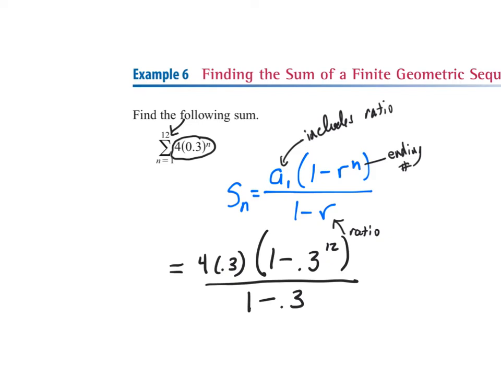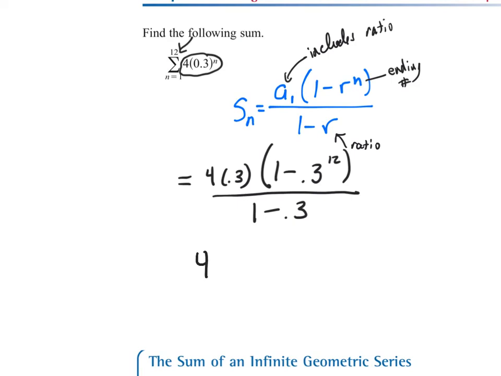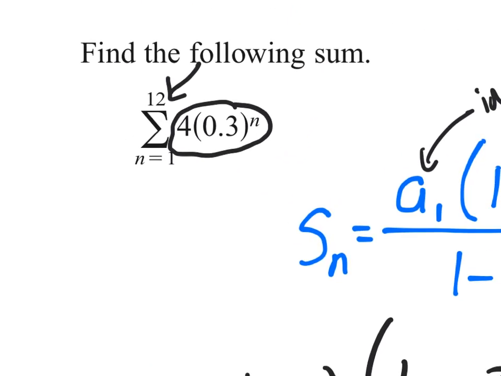Putting this in your calculator is the hardest part. If I were you, I would do it like this. You could do it this way if you wanted to. You could plug in starting with 1 and ending with 12, plugging that in for n every single time and then adding them all together.